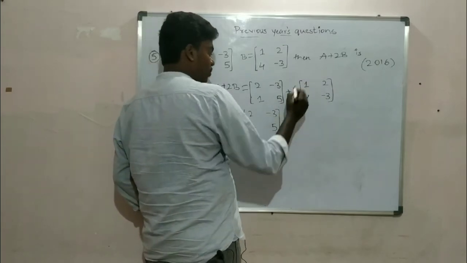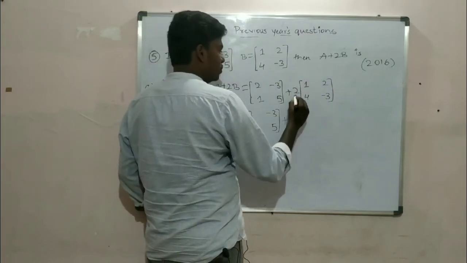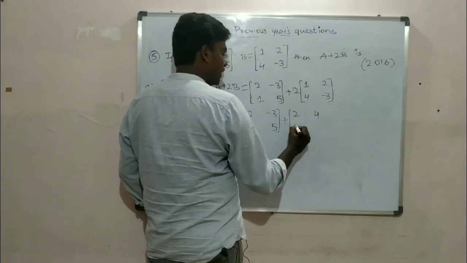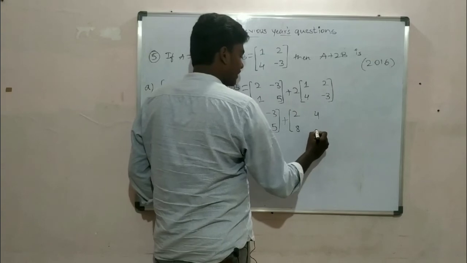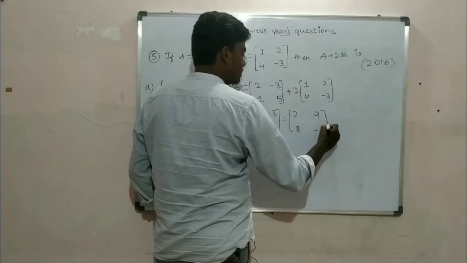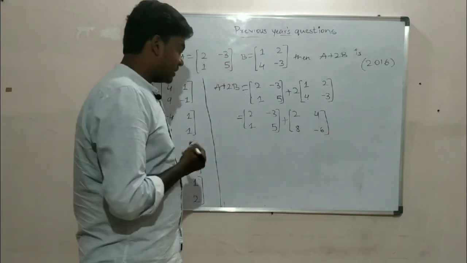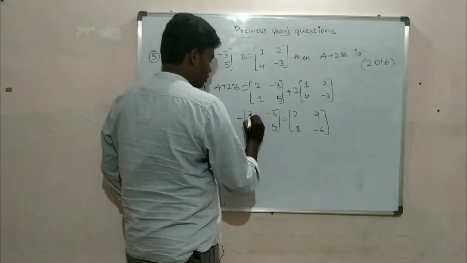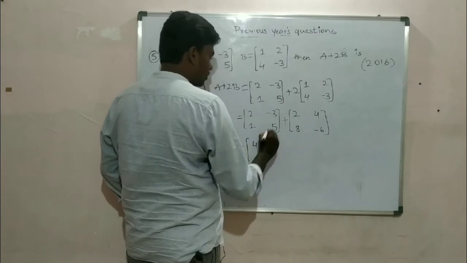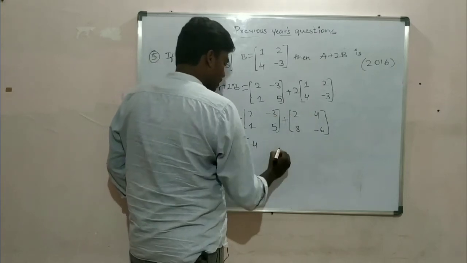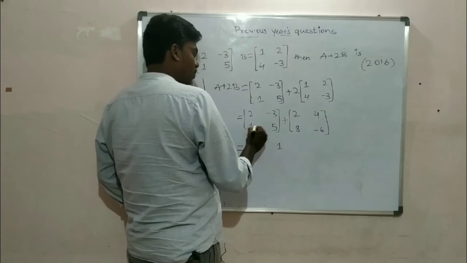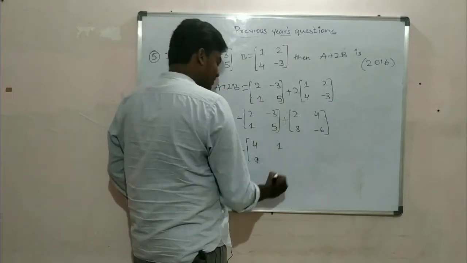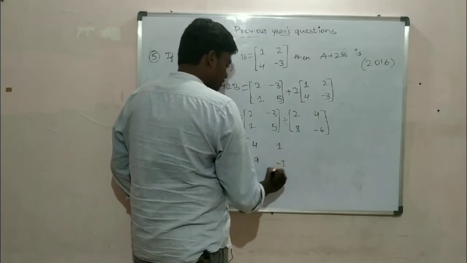So 2 into 1 is 2, 2 into 2 is 4, 2 into 4 is 8, 2 into minus 3 is minus 6. Now add the corresponding elements. 2 plus 2 is 4, minus 3 plus 4 is 1, 1 plus 8 is 9, 5 minus 6 is minus 1.